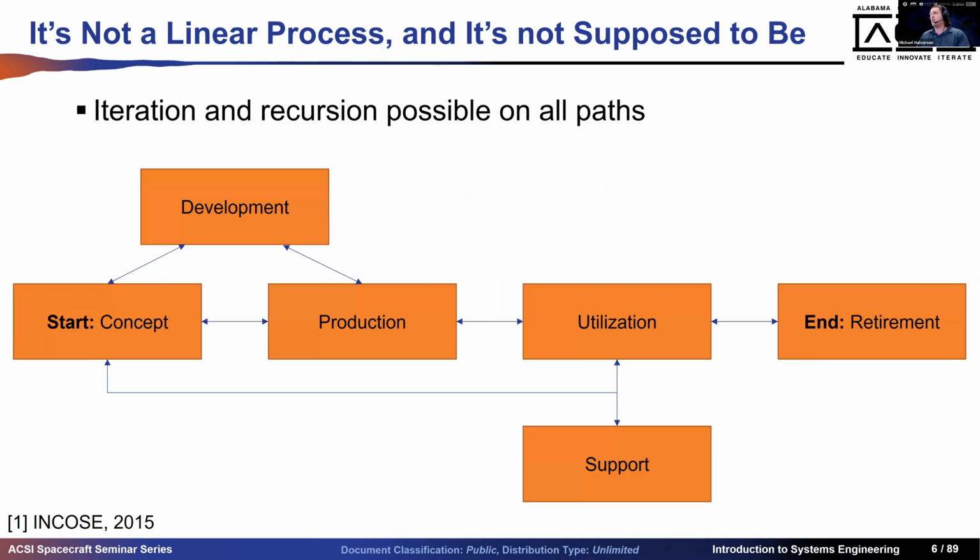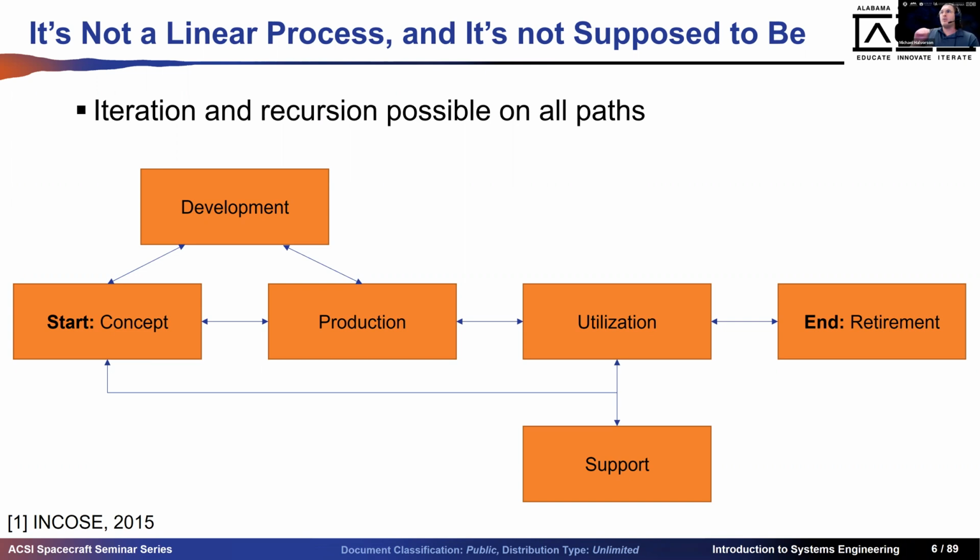So there are 6 general sections in a systems engineering process, and it starts with concept and then developing that concept. Then you go into a production phase. Some systems do. Software, for example, doesn't have a production phase per se. Then you go to utilization, support, and finally you retire that system.